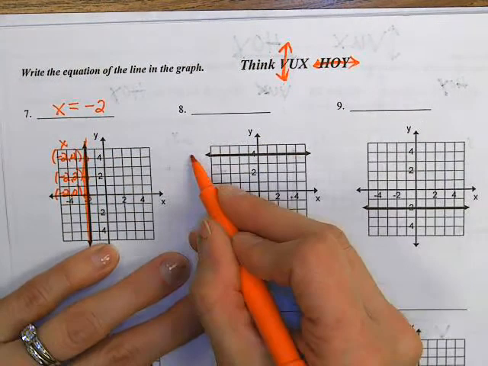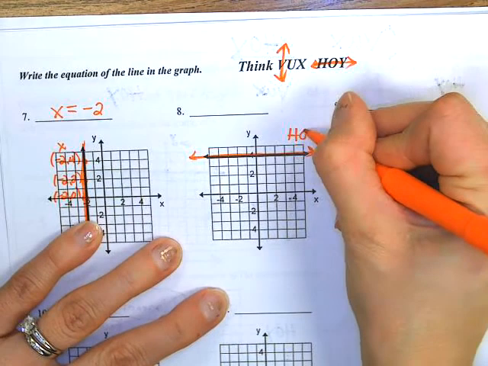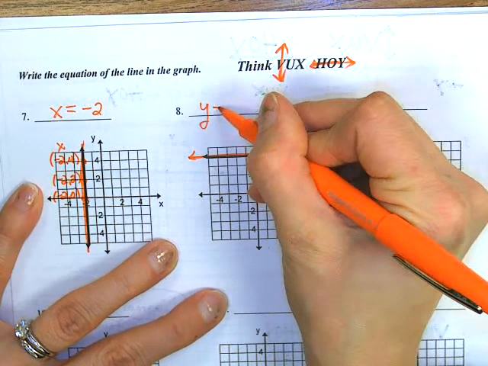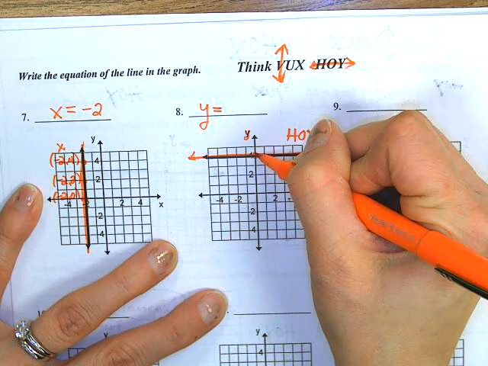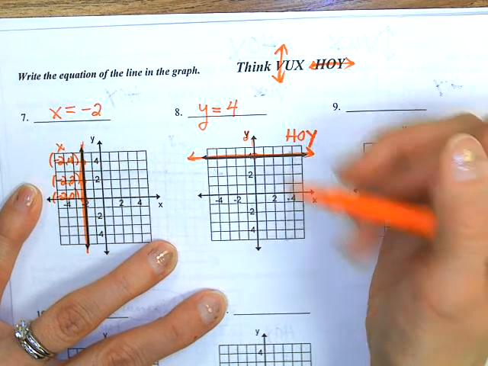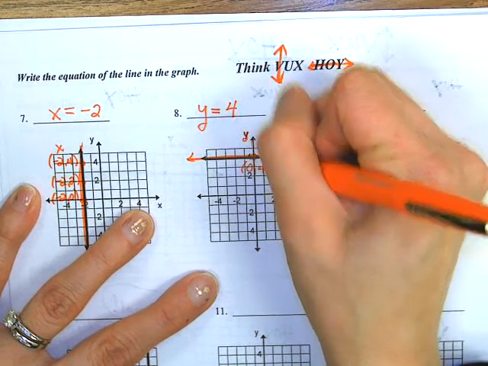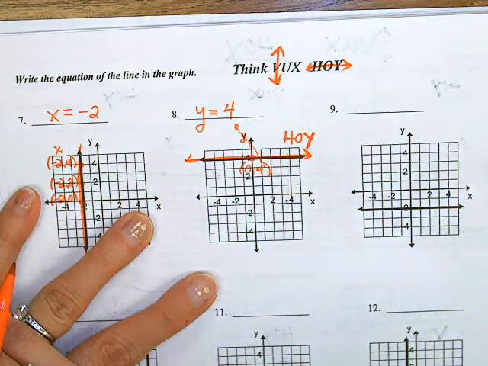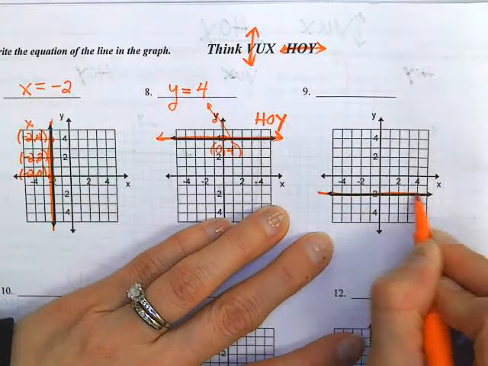Number 8 is horizontal. Horizontal is Hoy. So this is going to be a y equals equation. I look at the y-axis, and it's touching at 4. So this must be y equals 4. This is the point 0, 4, so the y number is a 4. Number 9, this is horizontal.